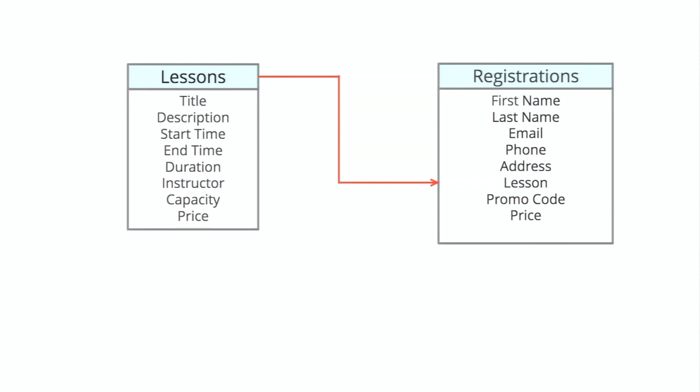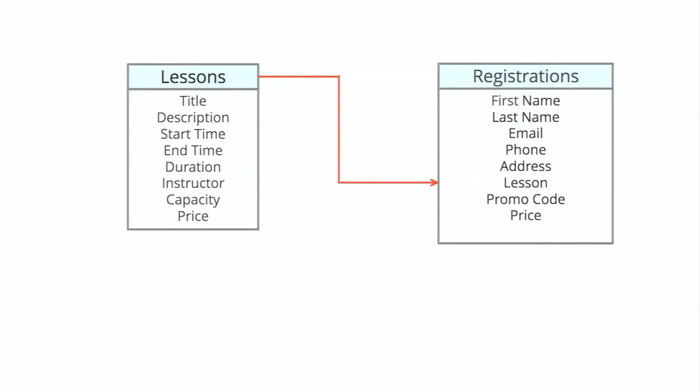Rather than recreate that in the registration, which means what? Data duplication, which is a no-no, we don't want that. We can simply have our registrations entity or form look up any information that is related to the lesson.